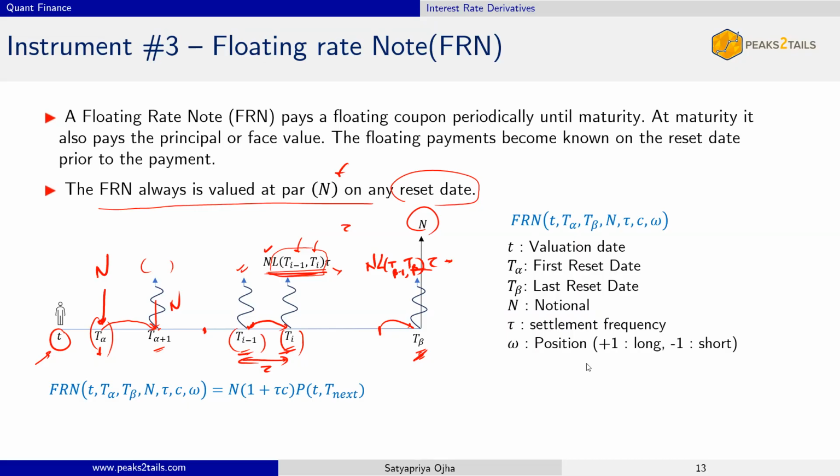Question is, if it's quarterly frequency coupon payment, then the first payment comes in 6 months, because T alpha there is no payment. Depends. You can structure your floating rate note to start payments after a long time also.